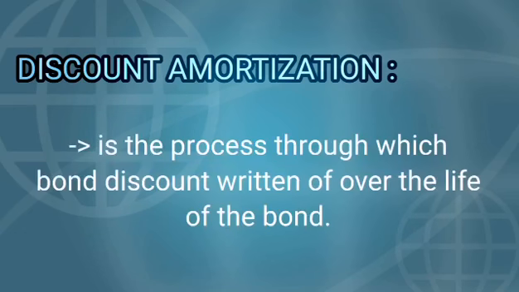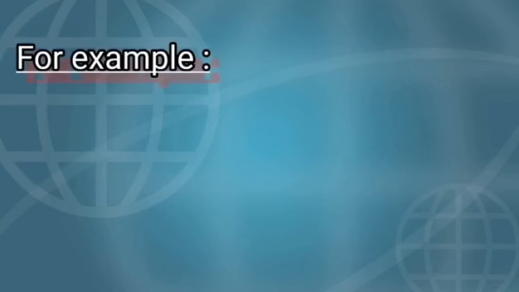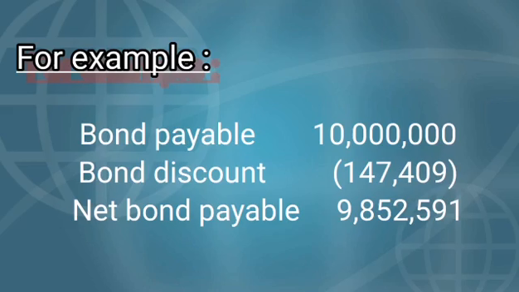Discount amortization is a process through which bond discount is written off over the life of the bond. For example, bond payable is 10 million, bond discount is 147,409, and net bond payable is 9,852,591.